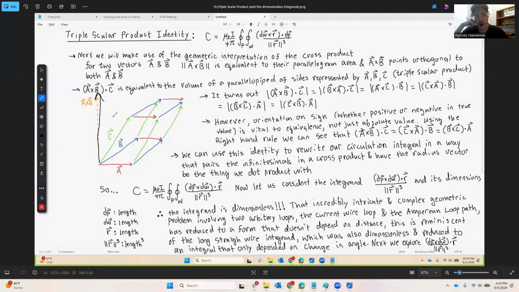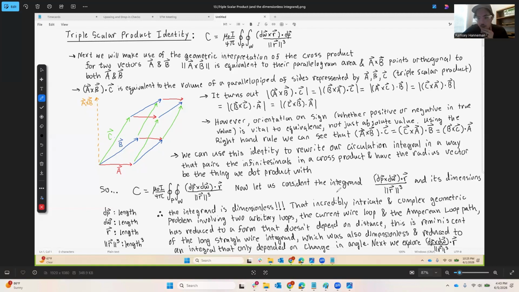There's going to be more enclosed volume if C is straight up and we've got a cube than if C is slightly angled and the parallelepiped is kind of sheared like that. So now we're going to look at a way we could write this triple scalar product equivalently that might make our lives a little bit easier.